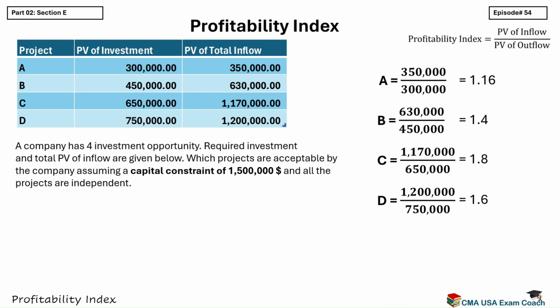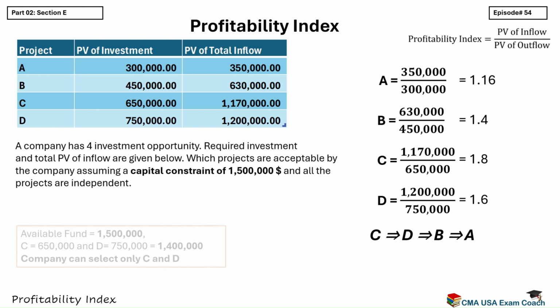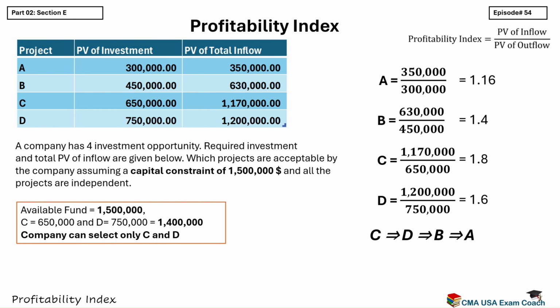Now, if we arrange these projects in order of their profitability index, we get Project C first, then Project D, followed by Project B, and finally Project A. Since the company's capital budget is $1,500,000, it cannot take all 4 projects.